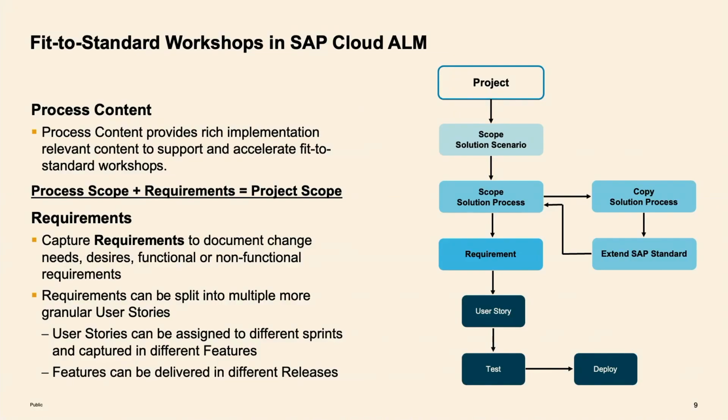Let's now have a look at the fit to standard workshop, how this is done in SAP Cloud ALM. You need to define the real scope of a project. If you think about S/4HANA Public Cloud, in the sales cycle the pre-sales and the customer normally do the DDA, the digital discovery assessment, and the outcomes of that you can then load into SAP Cloud ALM. But maybe this is not sufficient for the real implementation.